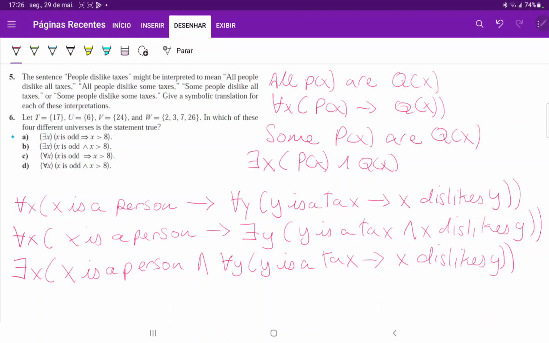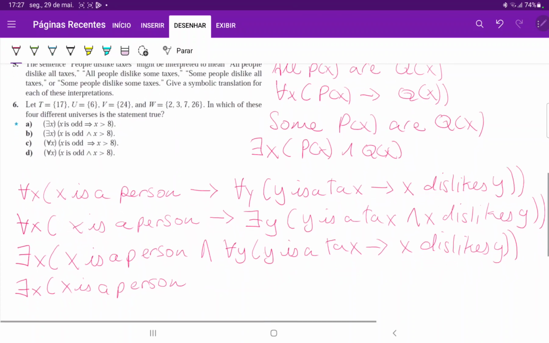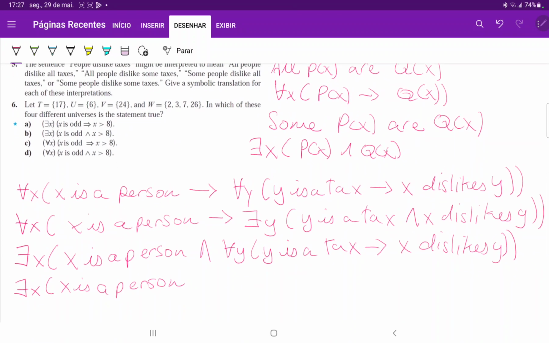And lastly, we're going to have some people dislike some taxes. So two existentials, right? So we're saying there exists an x such that x is a person. Actually, I should have put this outside.